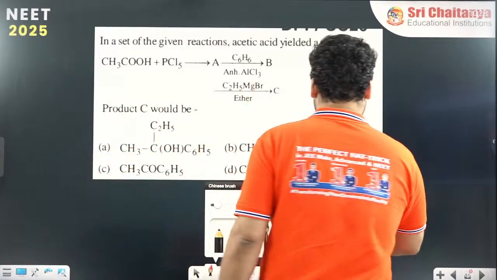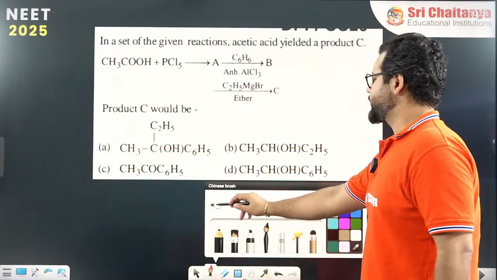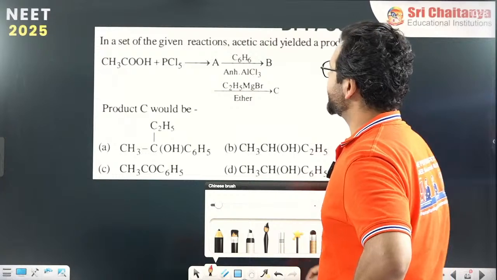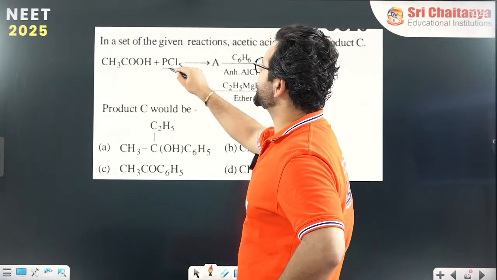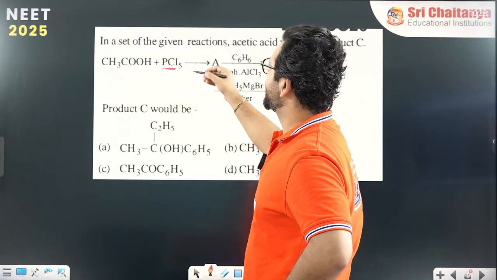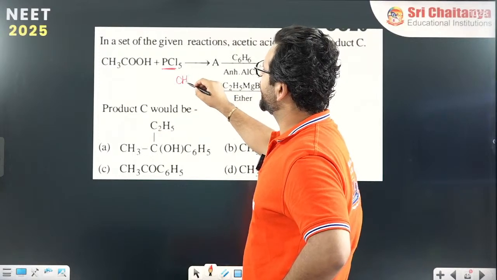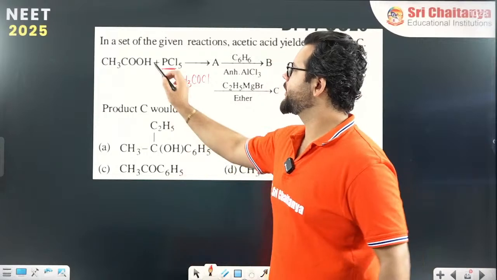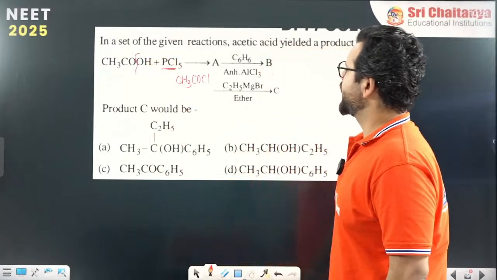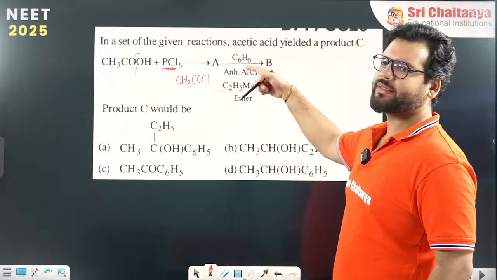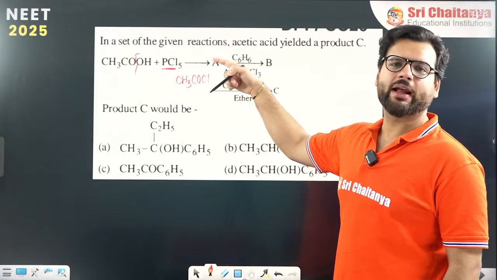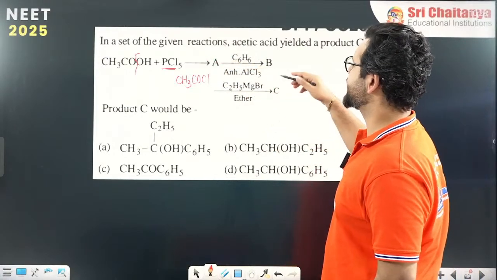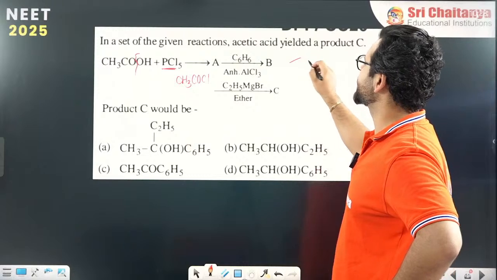Next one. Let us look at the next question. We are starting with a carboxylic acid. Adding PCl5 into it will make acid halide, CH3COCl. OH will be replaced by Cl. Then we are reacting it with benzene. Whenever acid halide or acid anhydride reacts with benzene in AlCl3, it is Friedel-Crafts acylation.